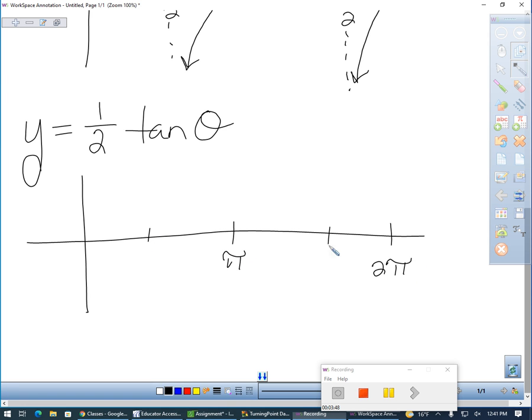My dashes in the middle are going to be my asymptotes. Right? I know at tangent, my zeros fall here. So again, it's kind of like we have 5 points again, right? A point at the beginning, a point at the end of the second period, a point in the middle, and then asymptotes fall in between each of those.